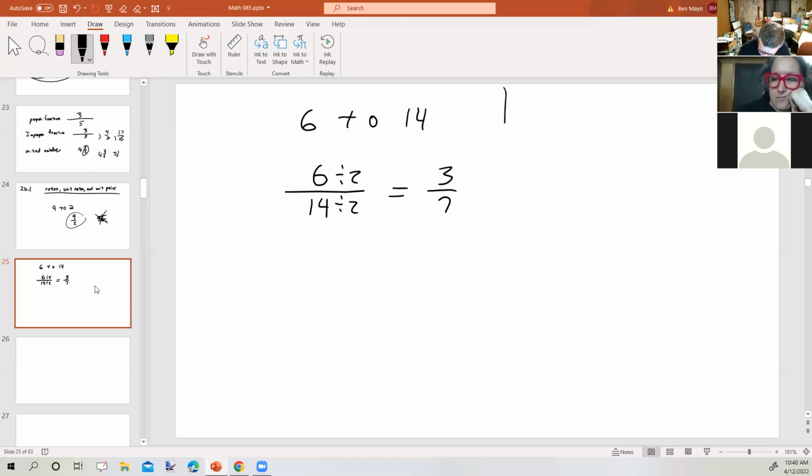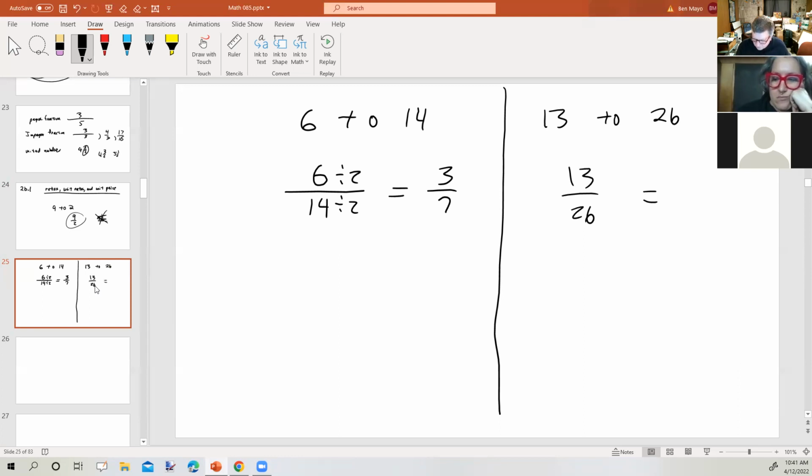Okay, let's take a look at another example. 13 to 26. So write this ratio as a fraction in lowest terms. Well, it turns out that if we do the prime factorization, 13 is 13, and 26 is 2 times 13.